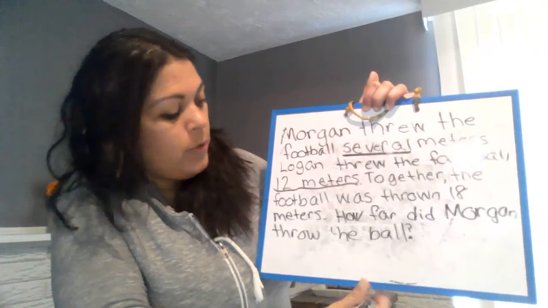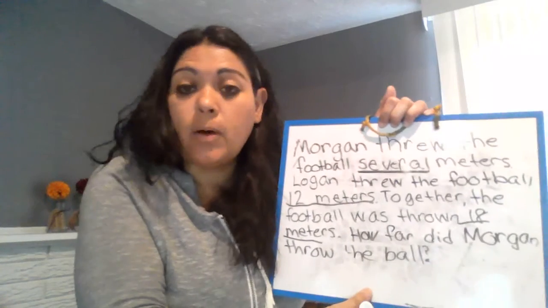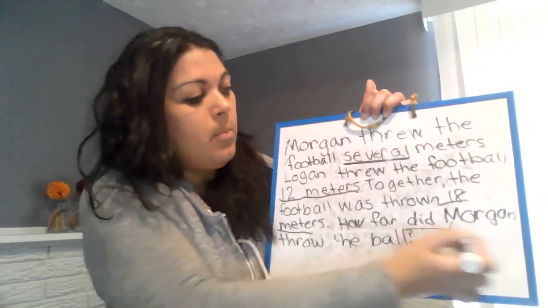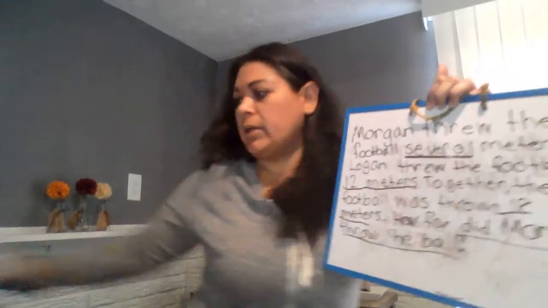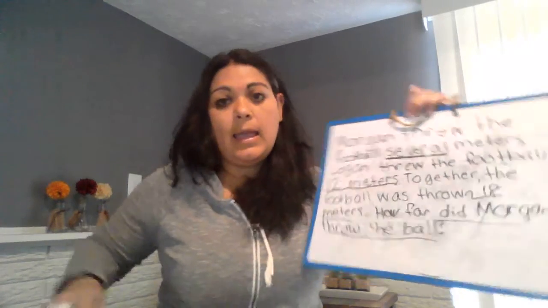The football was thrown 18 meters. So altogether, the football was thrown 18 meters. How far did Morgan throw the ball? So let's create an equation to match our story problem.